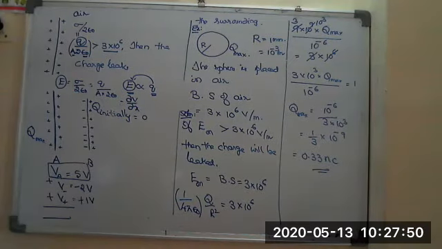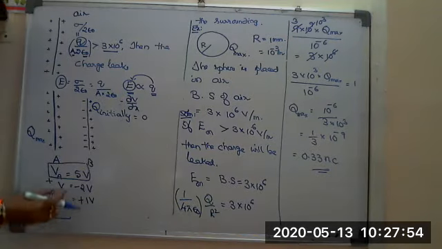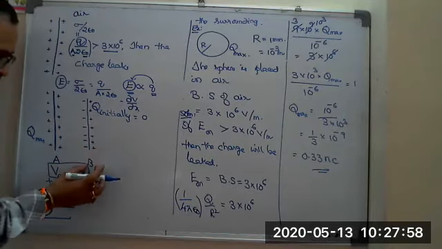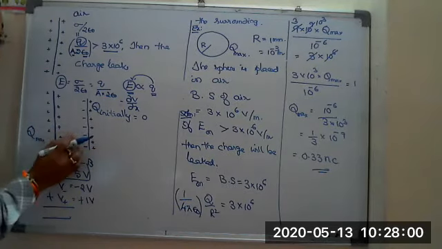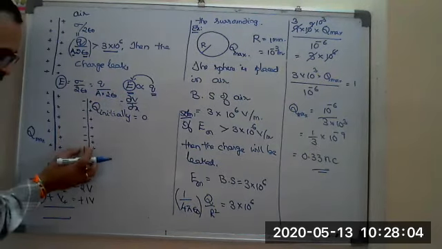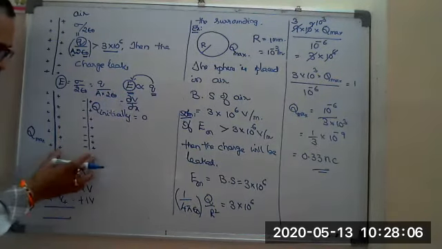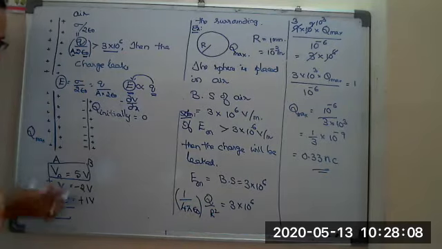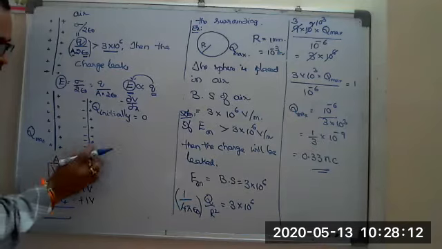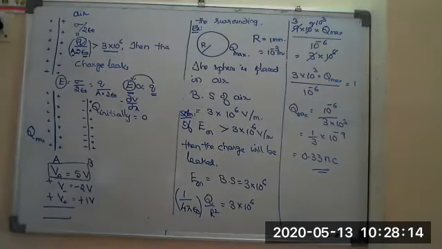Then if you place the chargeless plate B, by the method of induction, unlike charge and like charge are induced on the sides.